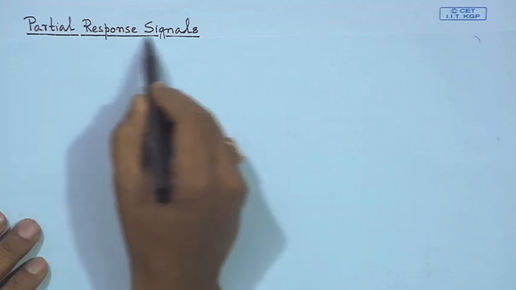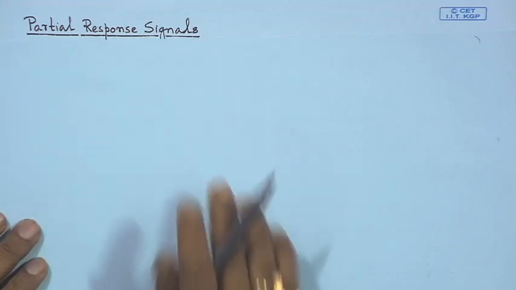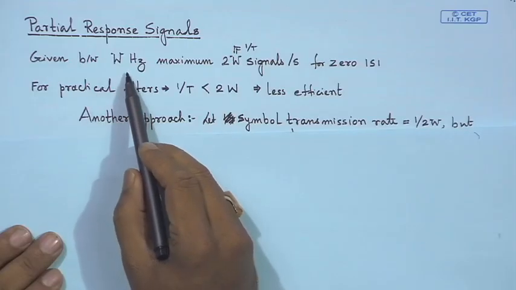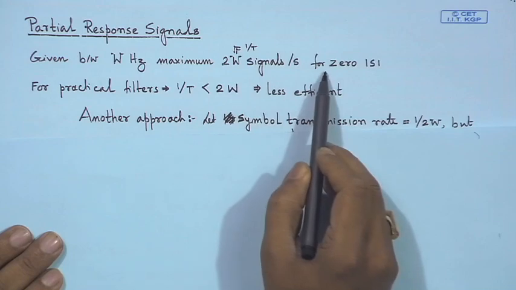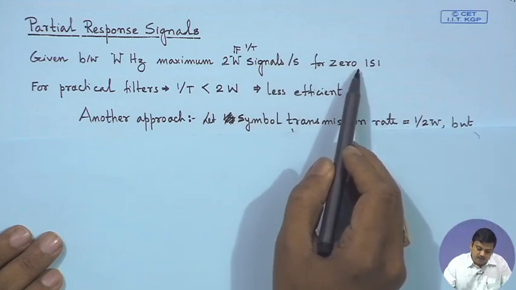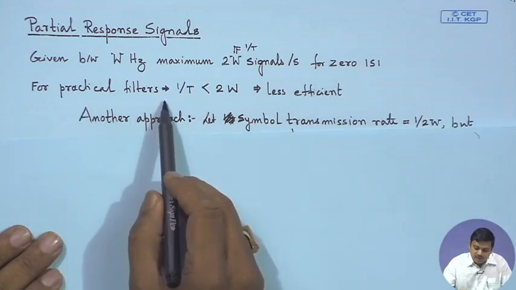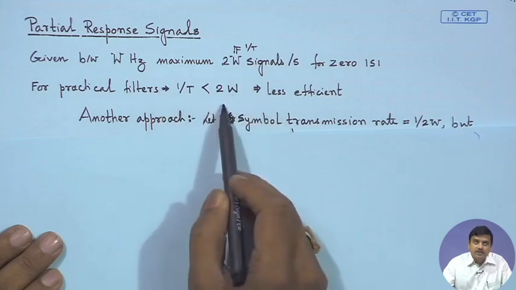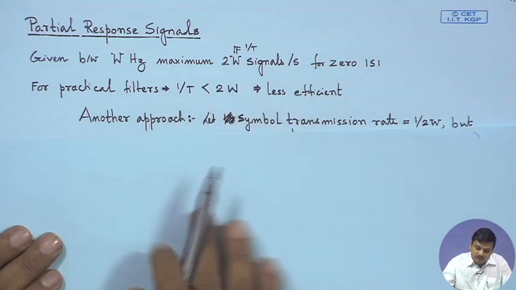We achieve this kind of communication system by means of partial response signaling, and we had stated earlier the definition of partial response signaling, which we will revisit in the current context. Given a bandwidth W, the maximum of 2W symbols per second is for 0 ISI, which we have stated. For practical filters, this situation is less efficient.